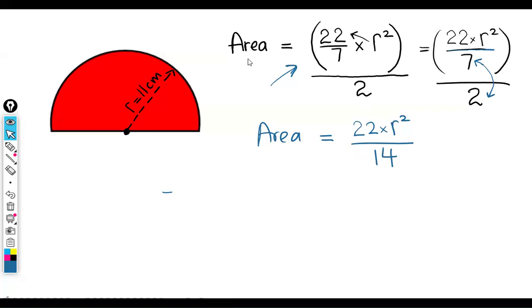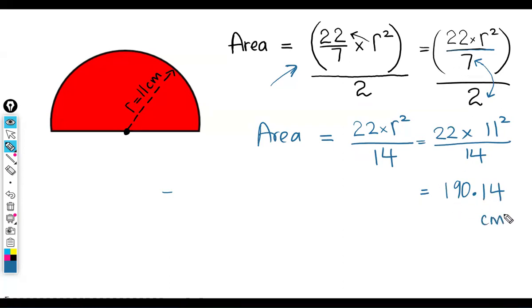All right, let's see. 22 multiplied by 11 squared divided by 14. I'm going to type that on my calculator. Yeah, and I'm getting roughly 190.14 this time. Remember in the last one, we rounded off before we divided by 2. But it's roughly the same answer.